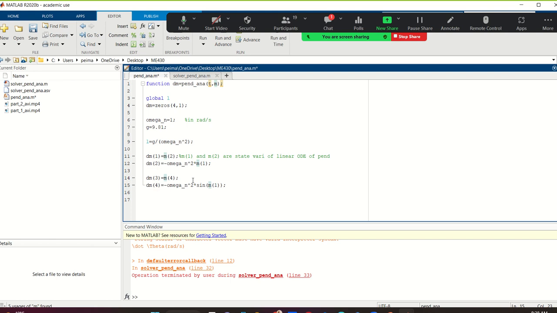I'm just writing here, okay? M3 and M4 are state variables of the nonlinear ODE of the pendulum. Clear now? Okay. Clear now? Okay.